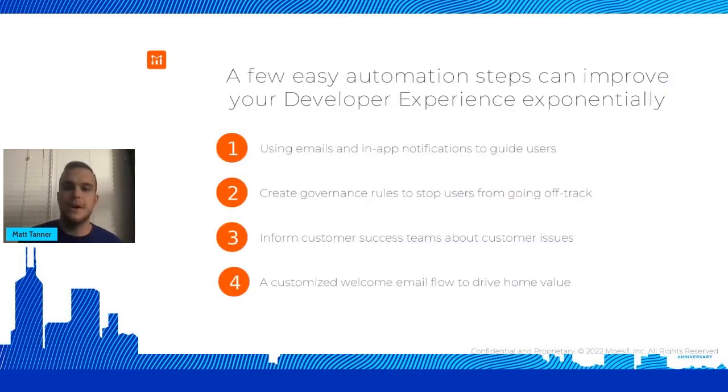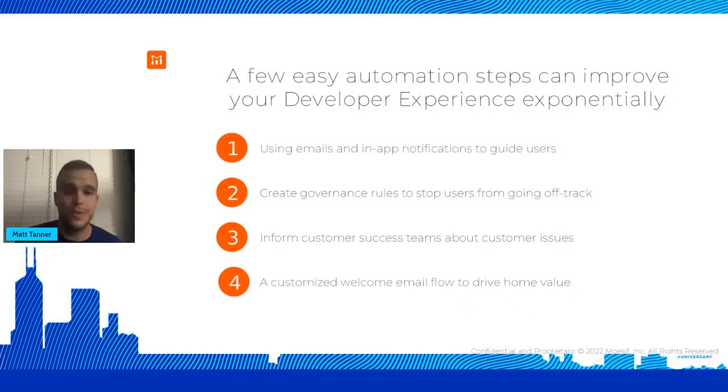A few easy automation steps can improve your developer experience exponentially. We see this every single day at Moesif, where companies are using our product or other products as part of their stack that are helping to make things go much smoother for developer experiences. The first one would be using emails and in-app notifications to guide users.